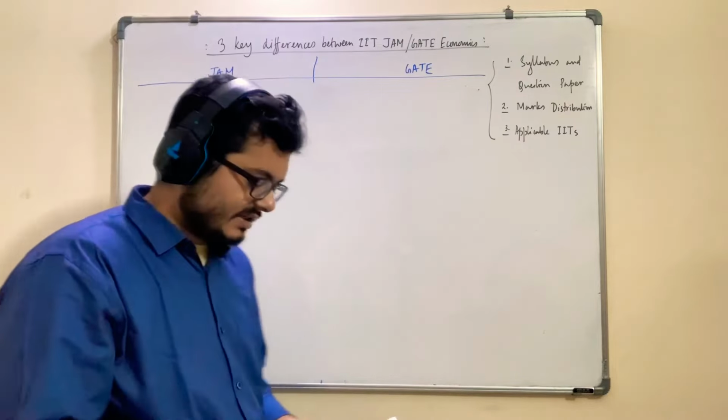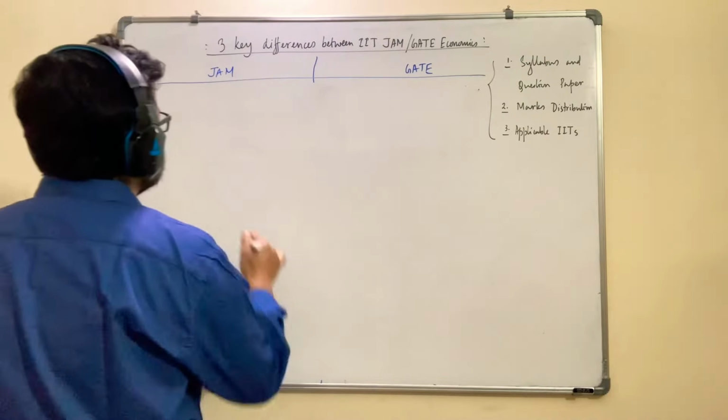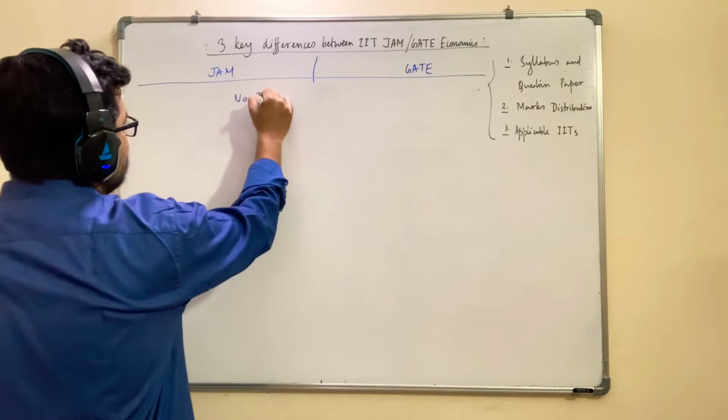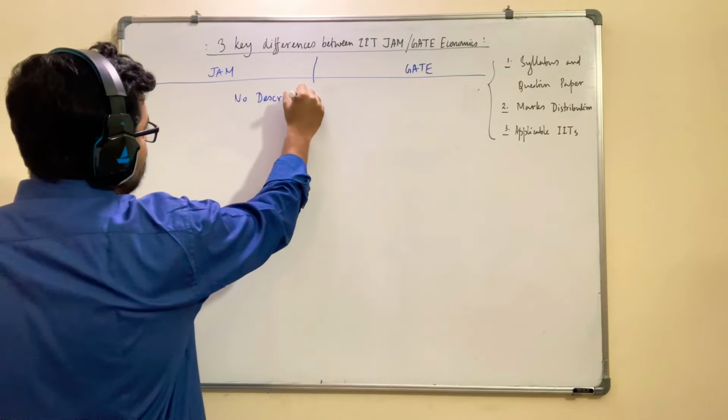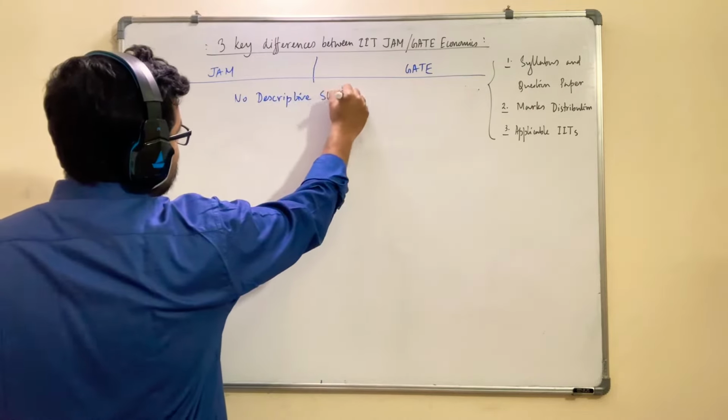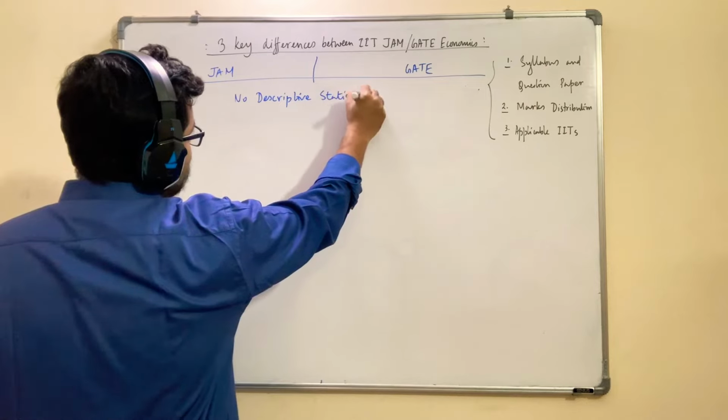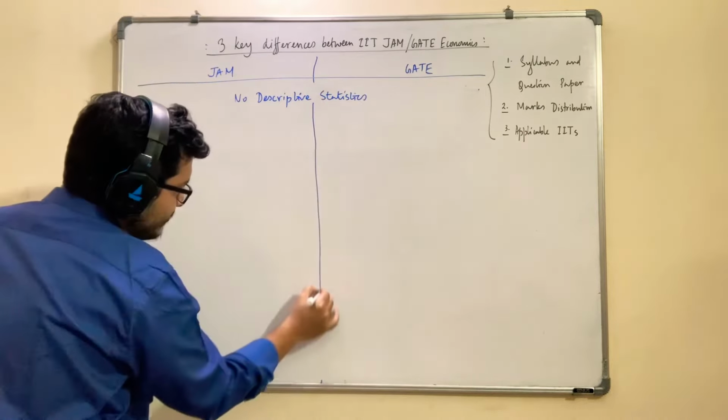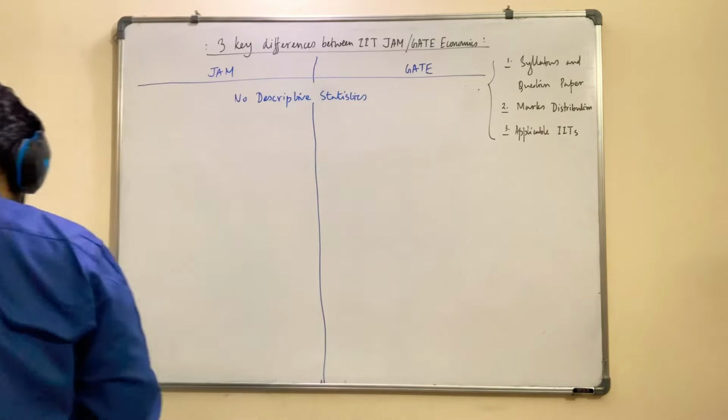Now we will go to statistics. First good news is there is no descriptive statistics in both of them. So no measures of central tendency and all of that. What about the rest?